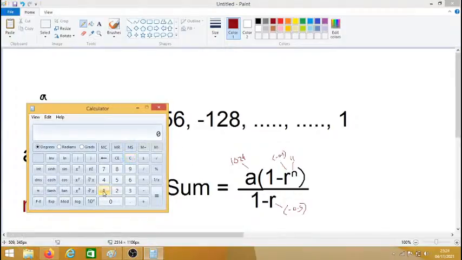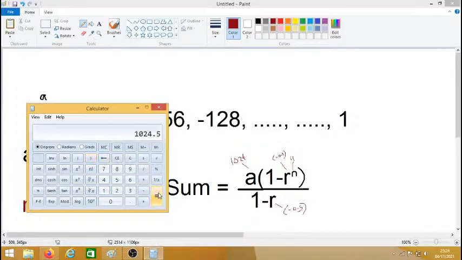So let me see how I do with this one. 1024 times by, and then in brackets, 1 minus, and then in another pair of brackets, minus 0.5 raised to the power of 11, and then close that bracket.